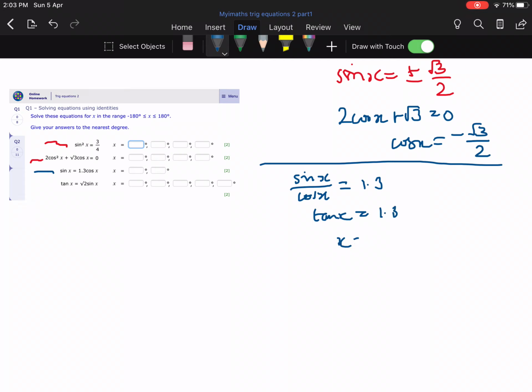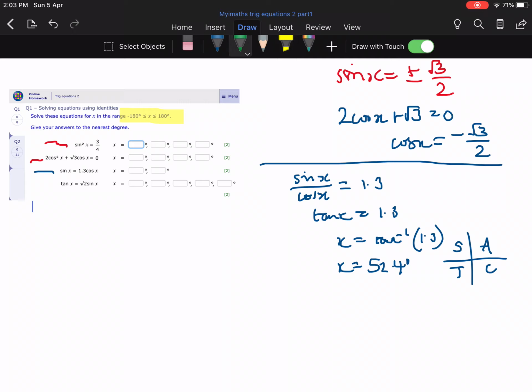And then when you do inverse tan of 1.3, I think you get 52.4. And then 1.3 is positive, so you just do your All Scottish Teachers Are Cool. And I have to remember the range is negative 180 to 180.